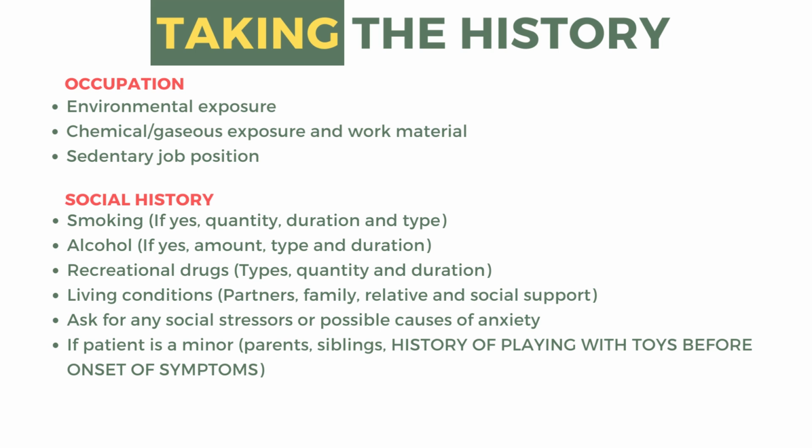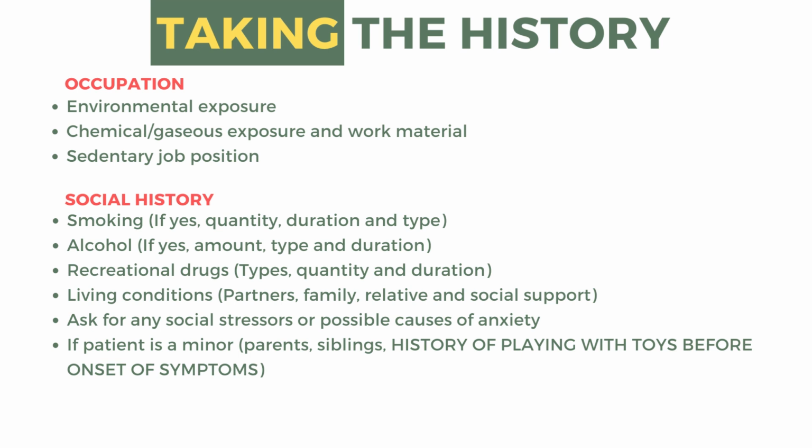And what are the living conditions? Here you have to be certain about the partners, family, relatives, and social support system, as well as finding out if the patient has any social stressors or possible causes to rule out a panic attack. How's the patient doing? How do they support themselves financially? And how do they feel generally?